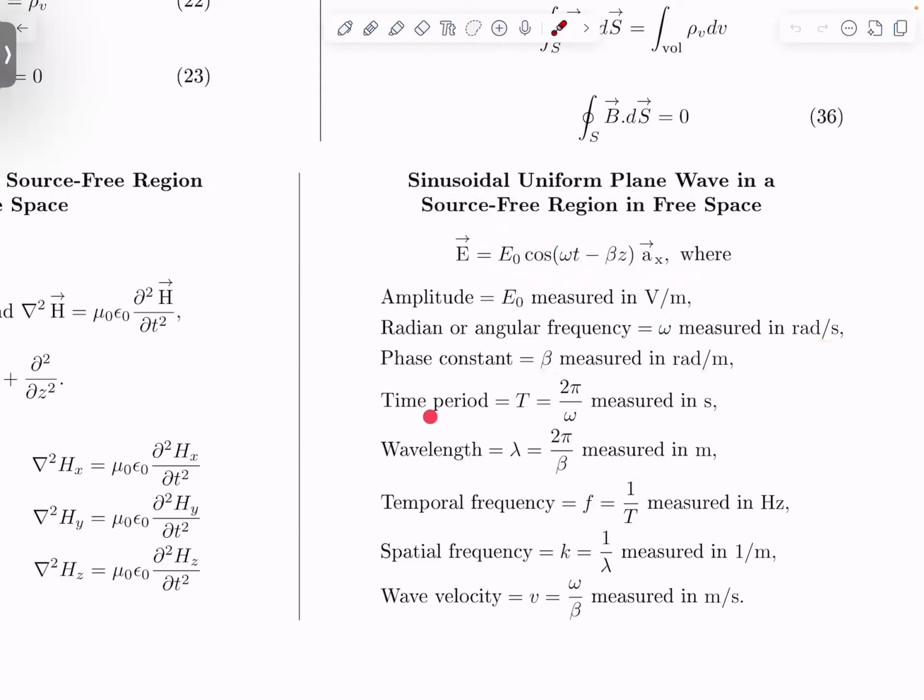We converted our time derivative to j omega. We're going to do the same thing to the second equation. So we have curl of H on the left-hand side. On the right-hand side, the time derivative becomes j omega, and then we can factor out the electric field, E_S. So we get that equation. And then the third and fourth ones are pretty simple.